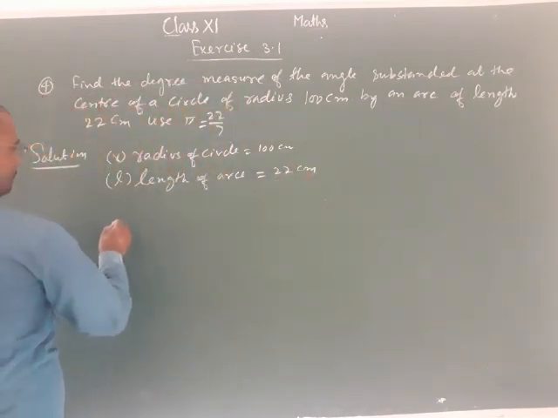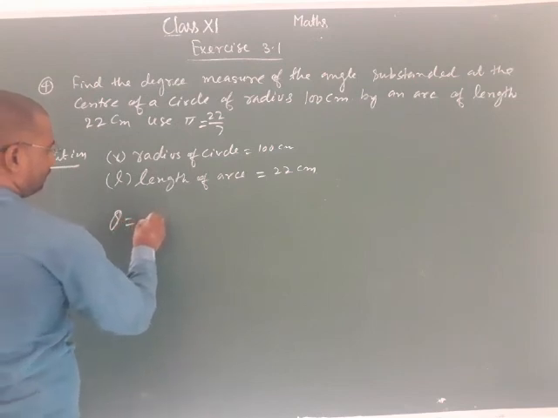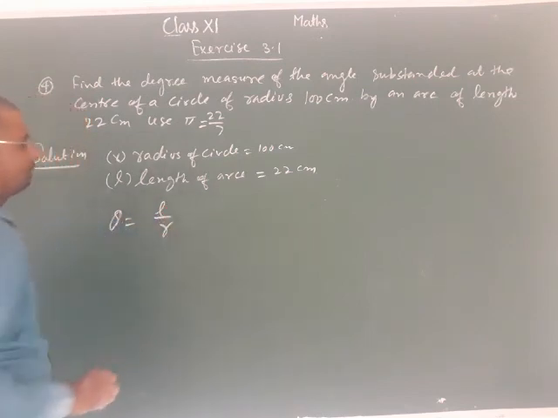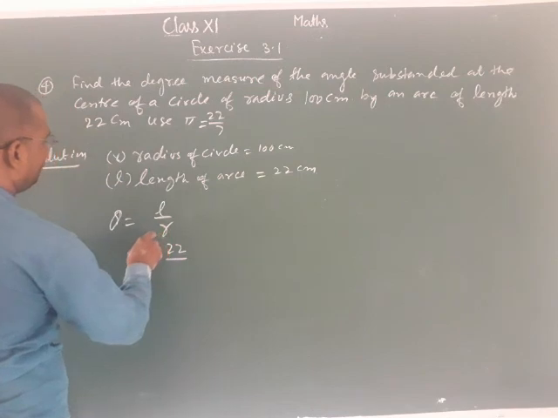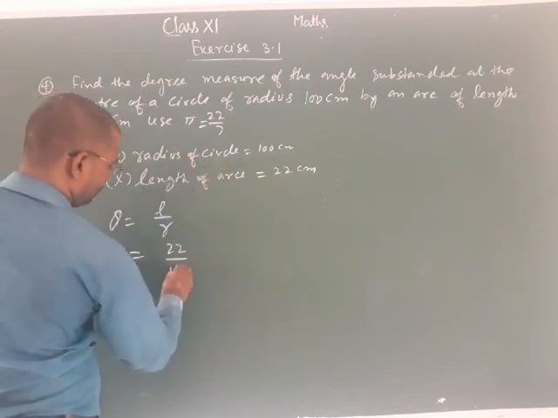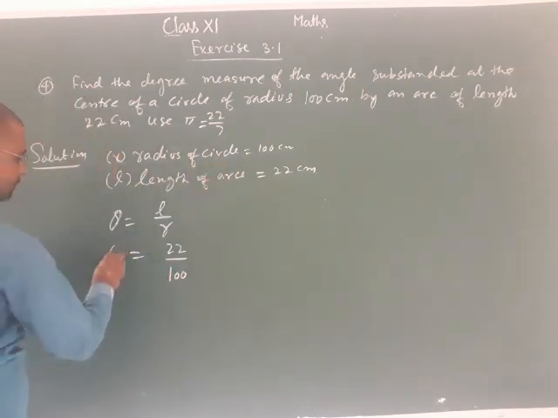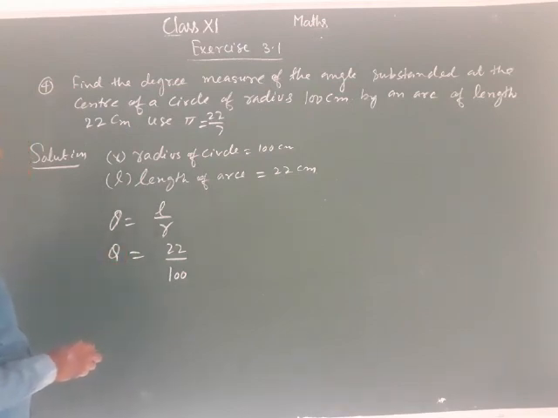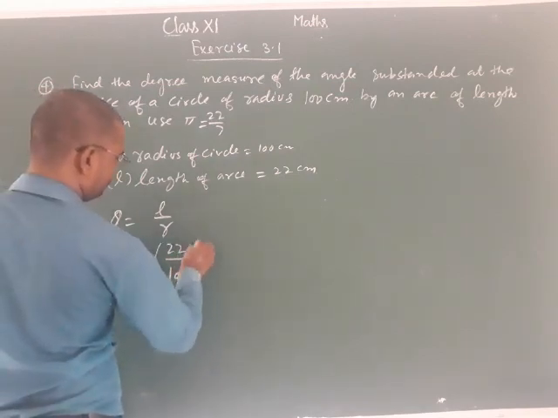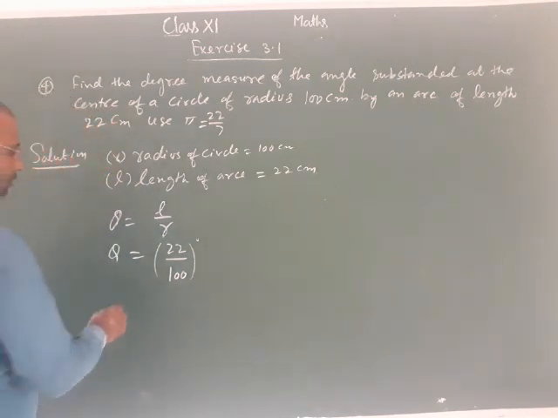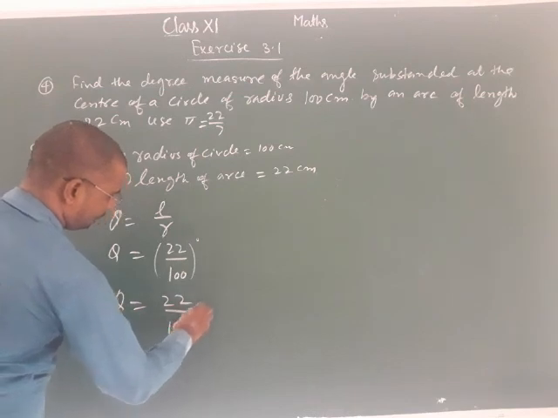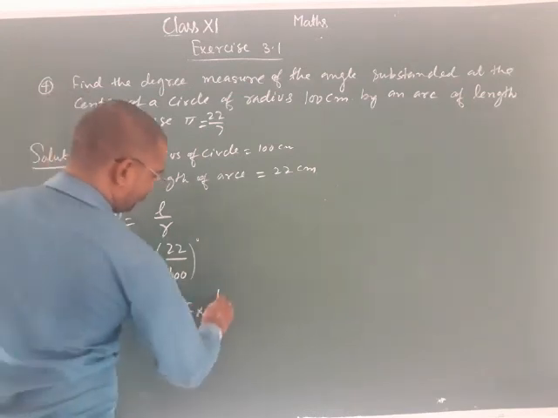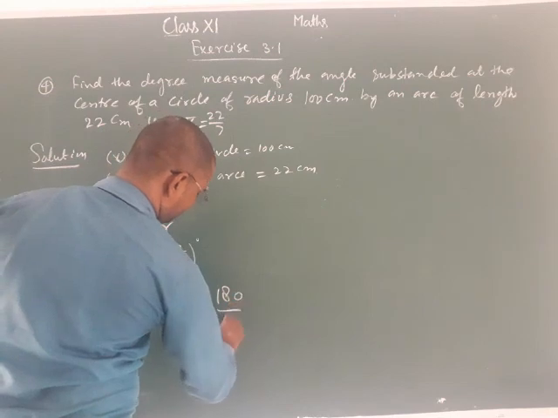So theta is equal to arc upon radius, L upon R. So now L is 22 upon R, 100. This is theta in radian. Change into degree.